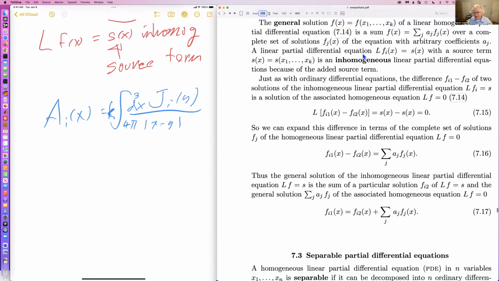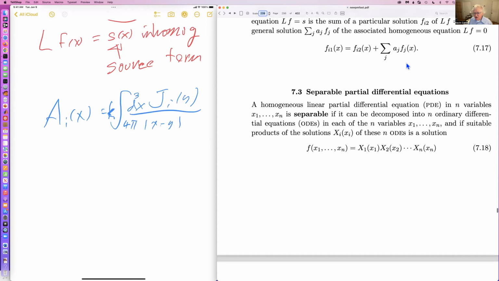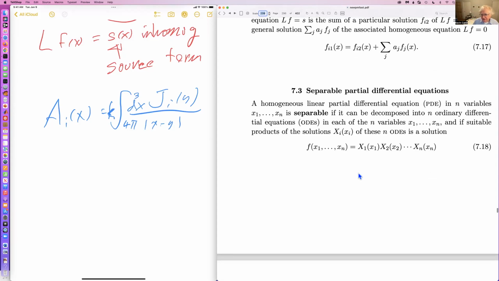One property of differential equations that's extremely useful is separability. Here we might as well go to the homogeneous case, because the inhomogeneous case is a different issue.